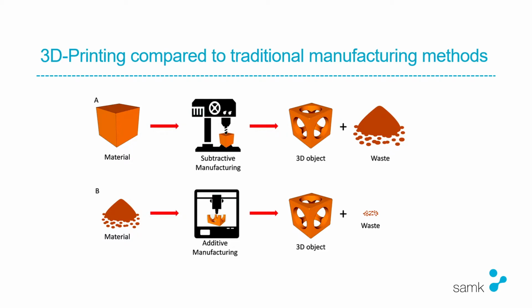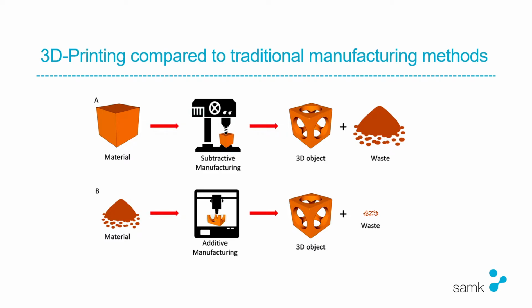So basically the material is like powder or some plastic filament, or it's some kind of a liquid. Something that isn't in a physical big block size. It's not something that you have to remove parts of. It's something that you can build out of.